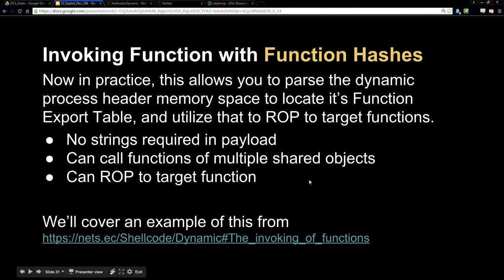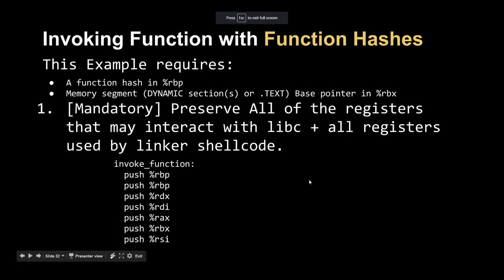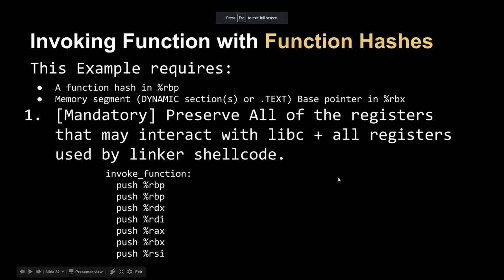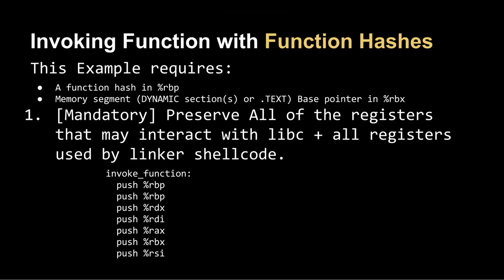Let's cover another example of this by invoking functions that we found with function hashes. The remainder of these slides are going to go over the proof of concept dynamic linker engine, which can invoke functions with just mere function hashes and the previously discussed function hash algorithm.